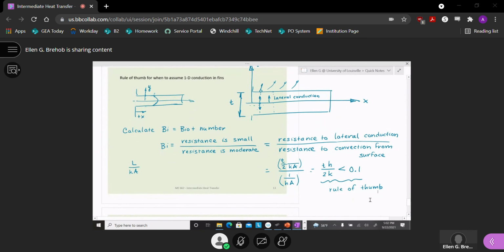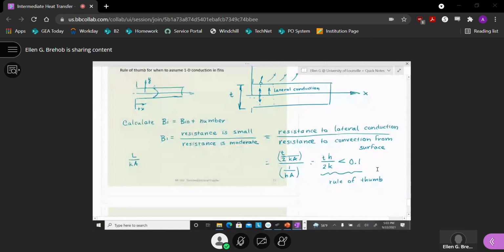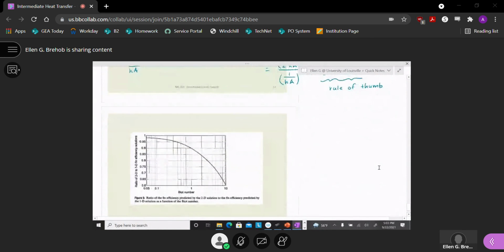This next slide that's coming up, so this picture says ratio of 2D to 1D fin efficiency solutions. Okay. So the part we just talked about is assuming a one-dimensional fin model.